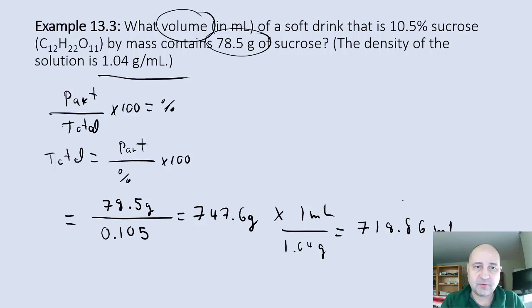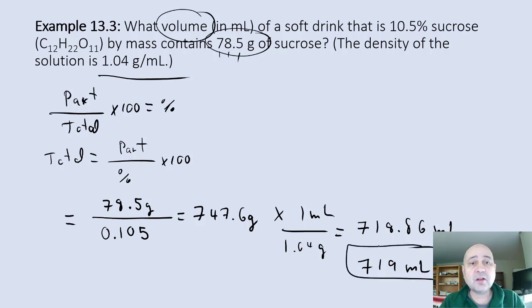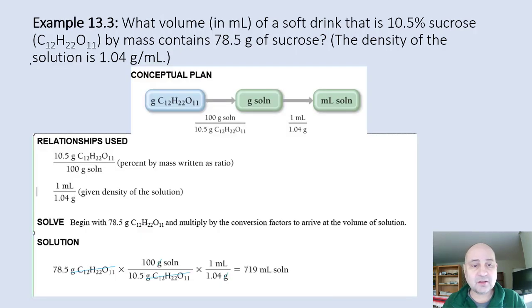But of course we only have 3 significant figures, 1, 2, 3, and this would be 719 milliliters. Alright, since it's not asking for molarity or moles, we don't actually need this. Alright, so here's the problem all worked out.